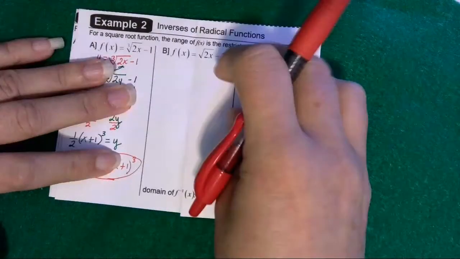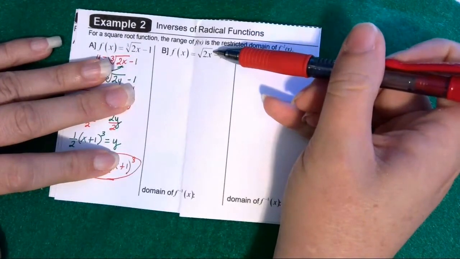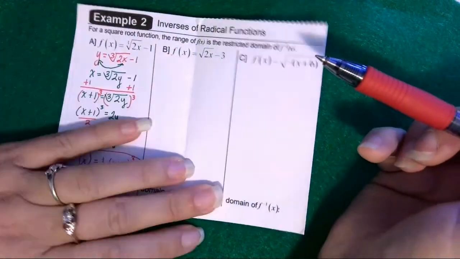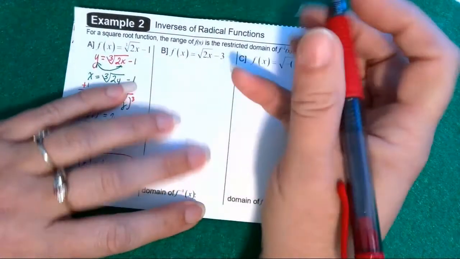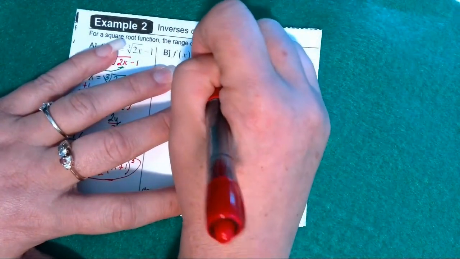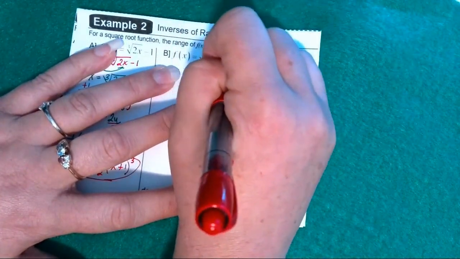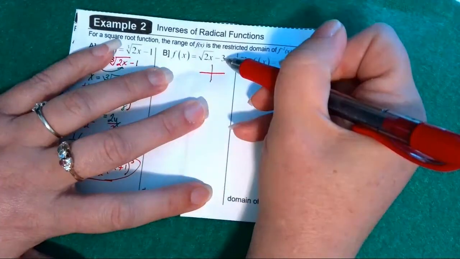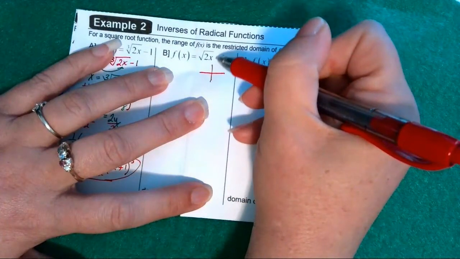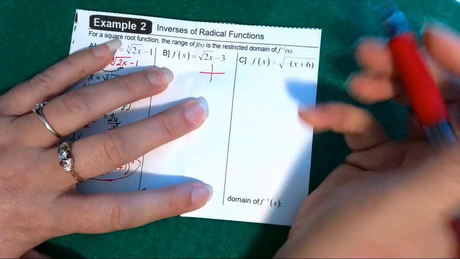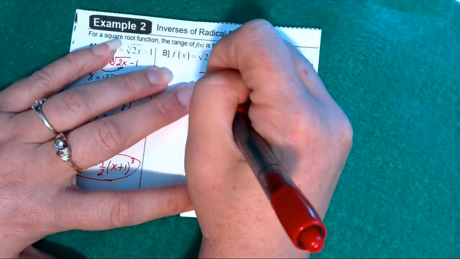Okay, now in example B, I'm starting with a square root function instead of a cube root function, and that square root function, if I were to sketch it, has a k value of -3, so we would move down 1, 2, 3.